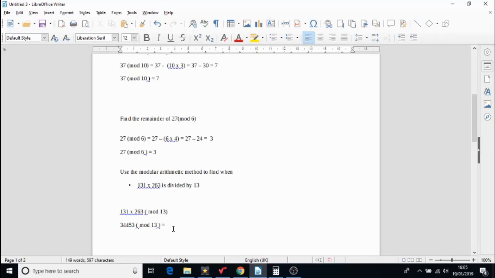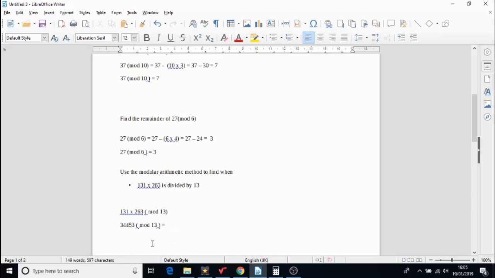If you only know your multiples of 13 up to maybe 26 or 39, that's fine. Go with the multiples that you know. Basically, you want to do chunking, eliminating until you find the remainder.